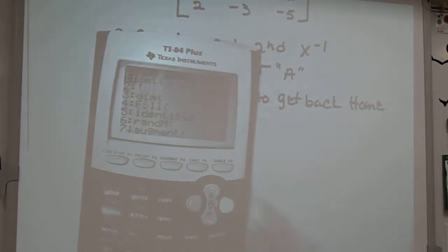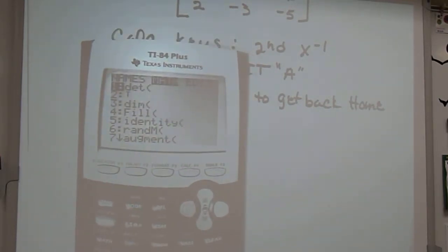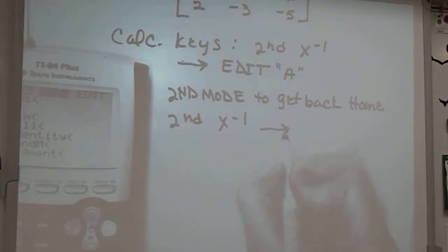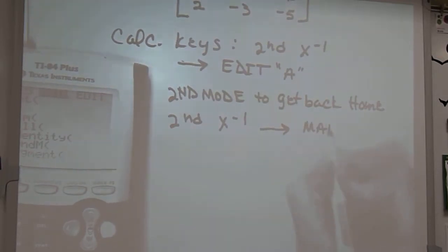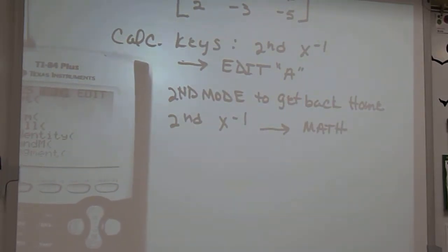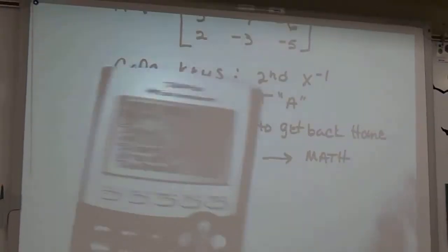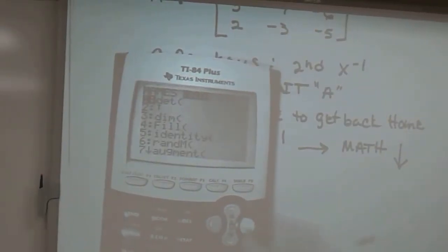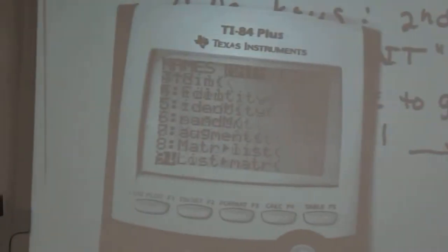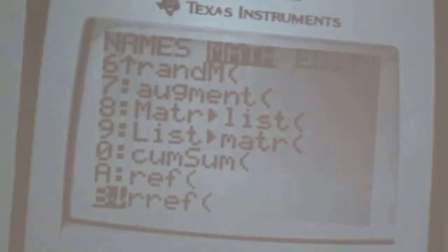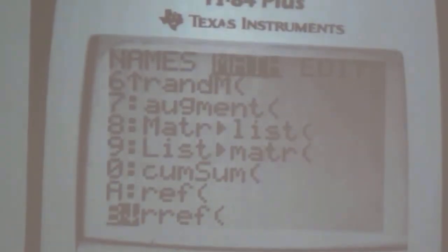And this time arrow over to math. Arrow over to math. Okay, and then we're going to go all the way down until we see a command that says RREF. And I think that's at number, or letter B. Okay, enter.